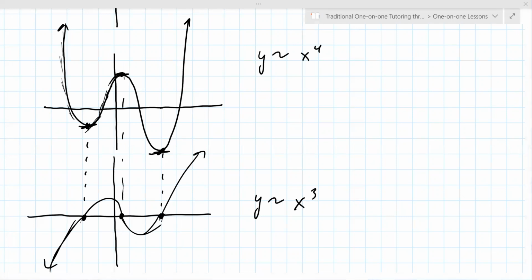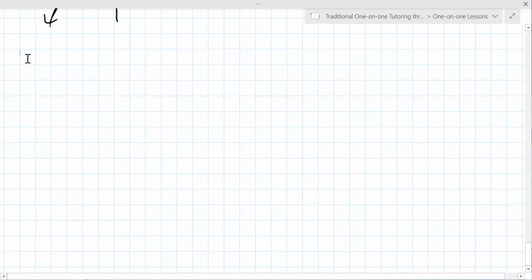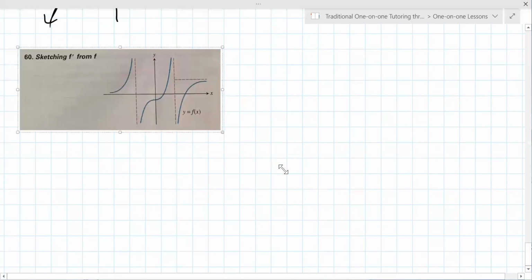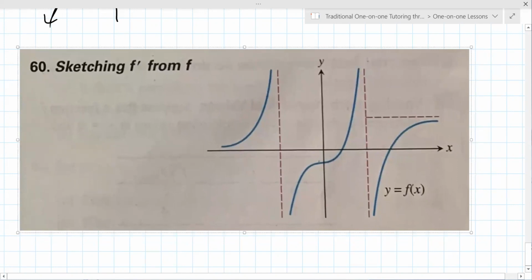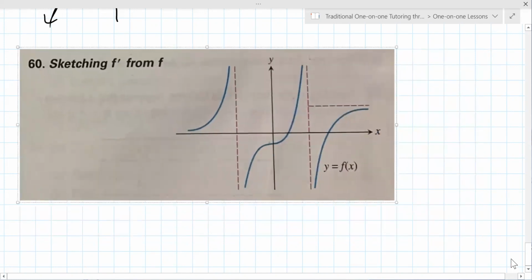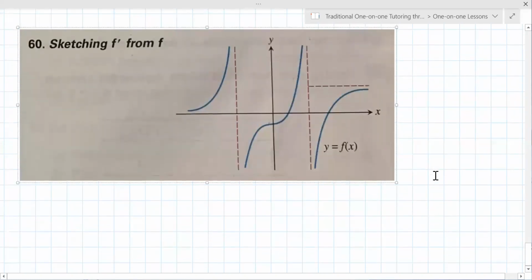60 will make a little more sense now that we've done this one, I hope. Okay, so the first one. None of them are going to be straight lines.